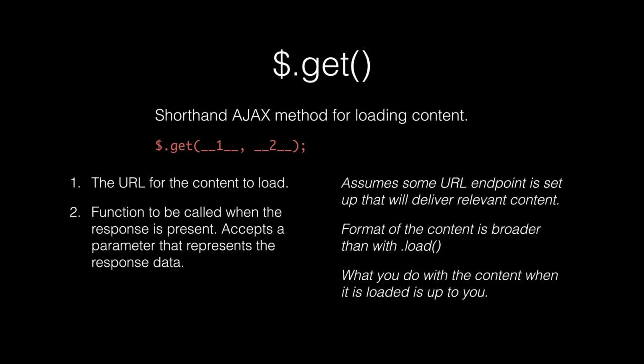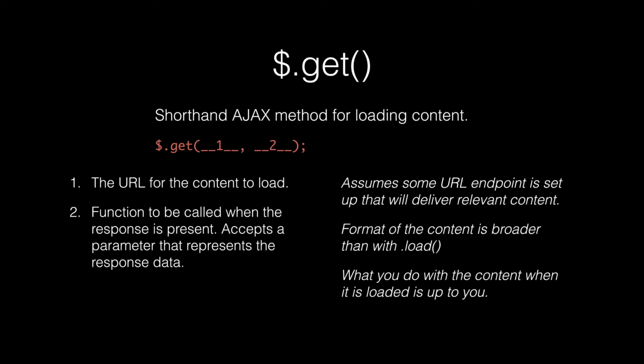So we're just saying, hey jQuery, get this file, and when you get it back, do this stuff. So that's what those placeholders are. Placeholder 1 is for the URL of the content to load. So go get the content on this page, or the one referenced by that URL. And then number 2 is a function to be called when the response is successful. It accepts a parameter that represents the response data.